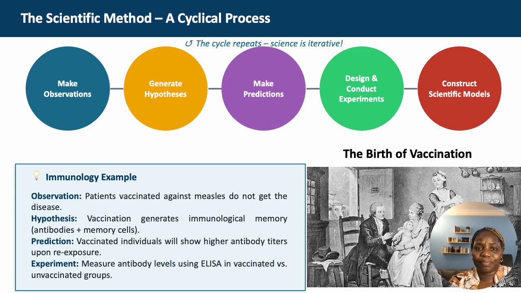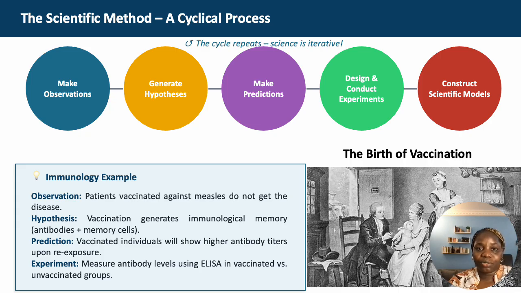But milkmaids were untouched by the disease, and their skin kept its shine. There was an ideal of beauty at that time, the complexion of a milkmaid, because they appeared to be untouched by the disease.